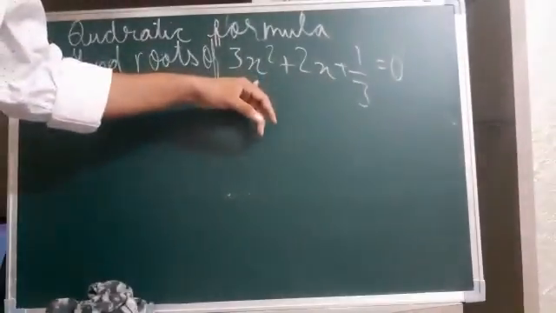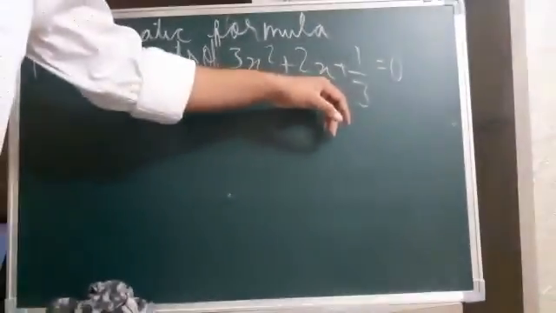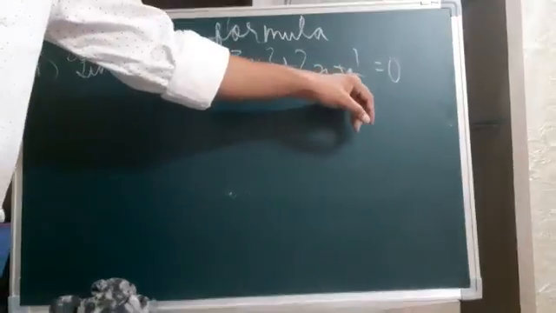The coefficient of x square is 3, the coefficient of x is 2, and c is 1 by 3. So this is a, this is b, and this is c.